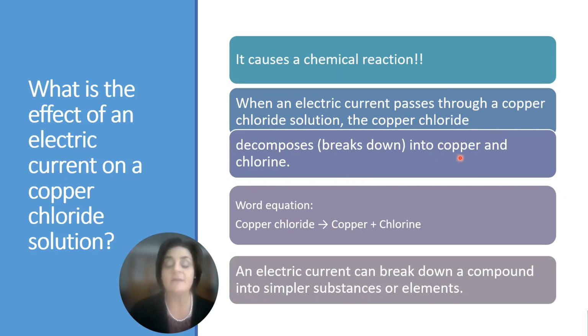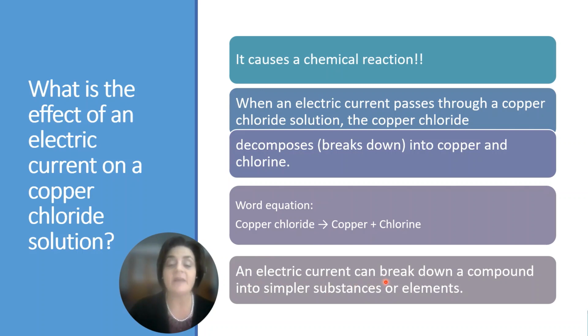You could clearly see the reddish-brown copper layer around one electrode and the chlorine gas bubbles at the other electrode. To summarize this in a word equation, we can write copper chloride to form copper plus chlorine, and that arrow indicates that there's a chemical change, a chemical reaction that takes place.